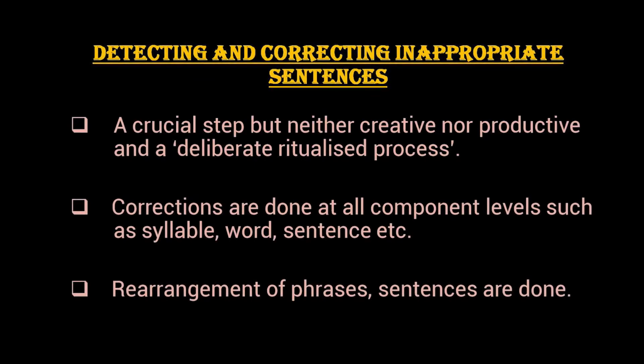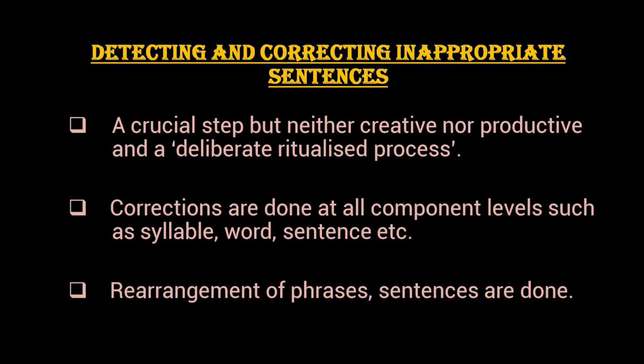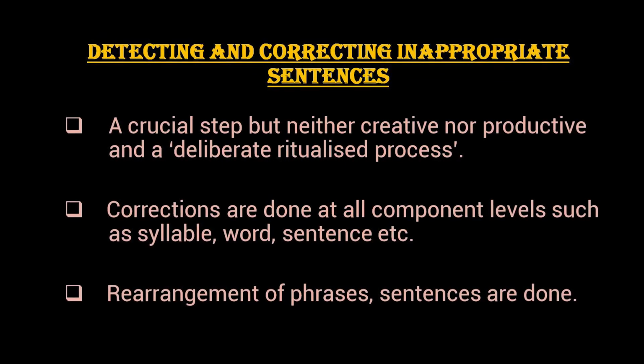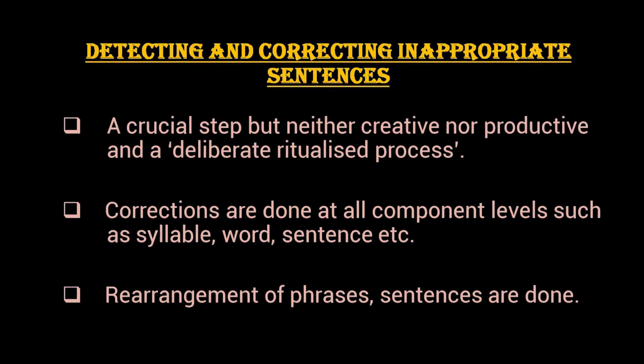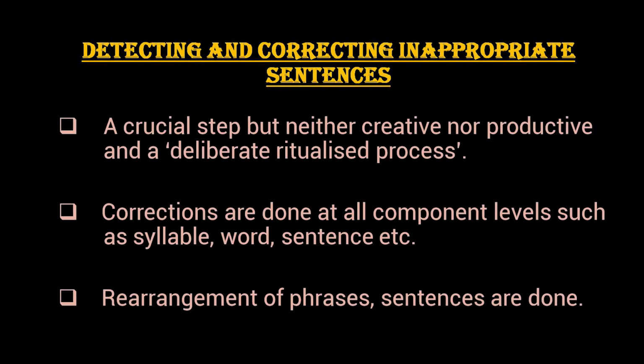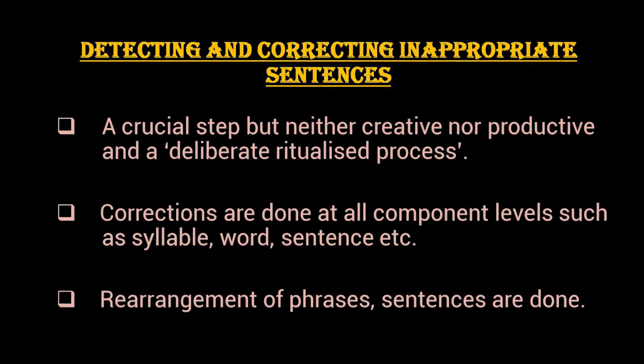The next step is about detecting and correcting inappropriate sentences. Now this is a very crucial step, but not creative or productive in nature. It is called a deliberate, ritualized process.